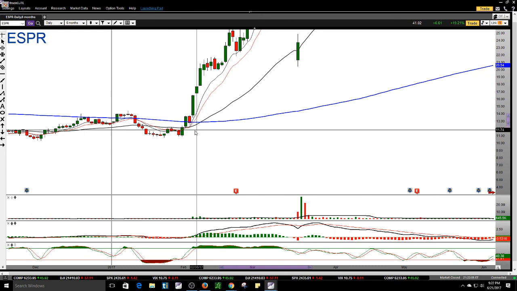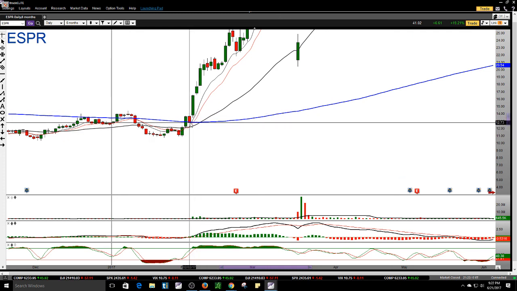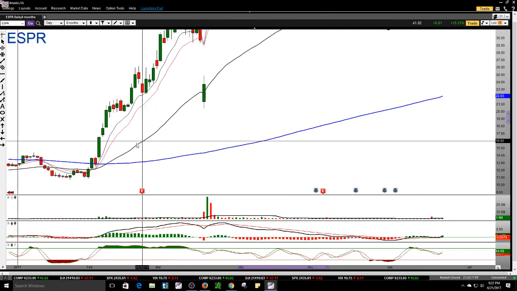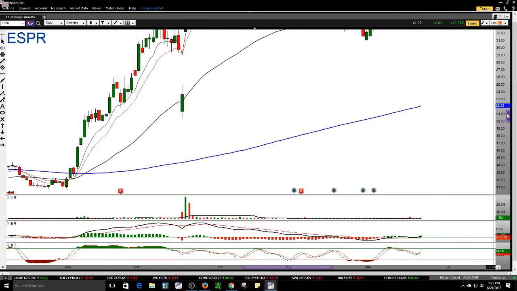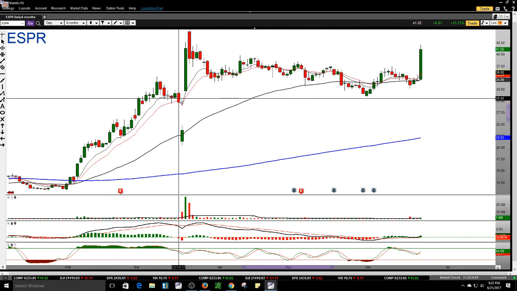If you were using the 200 SMA, you would probably have gotten in about $14 over the 200 SMA. If you were using the 813, you probably would have gotten in a little bit cheaper, maybe a point cheaper, at $13. The difference is, if you were using an 813 crossover, which is my strategy, you would have gotten stopped out here.